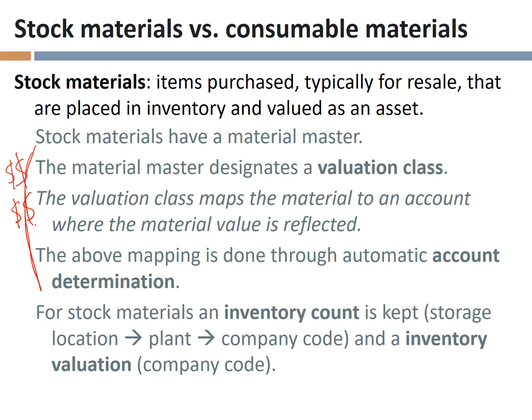So the general ledger might tell us that we have $10,000 worth of bicycle helmets in stock. But it doesn't tell us where they are, and it doesn't tell us how many bicycle helmets that is. It could be one really expensive bicycle helmet, or 10,000 really cheap ones, or a mixture. We just don't know. So the inventory count is tracked separately.